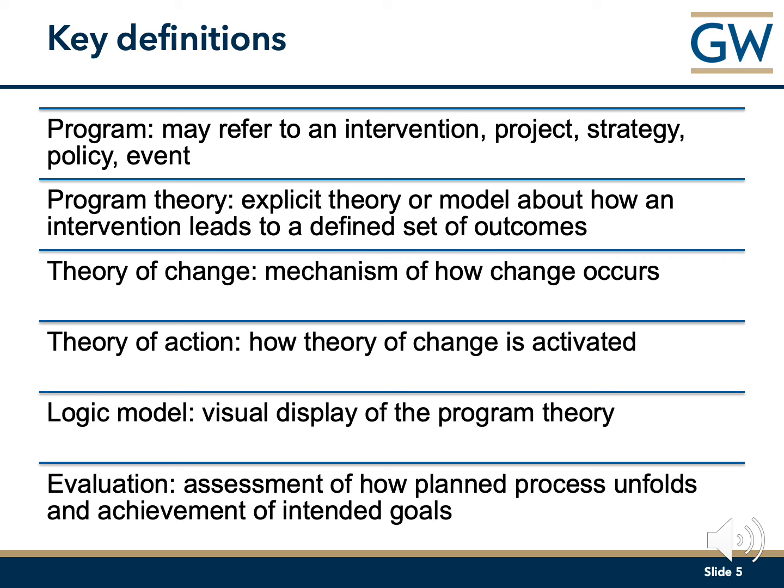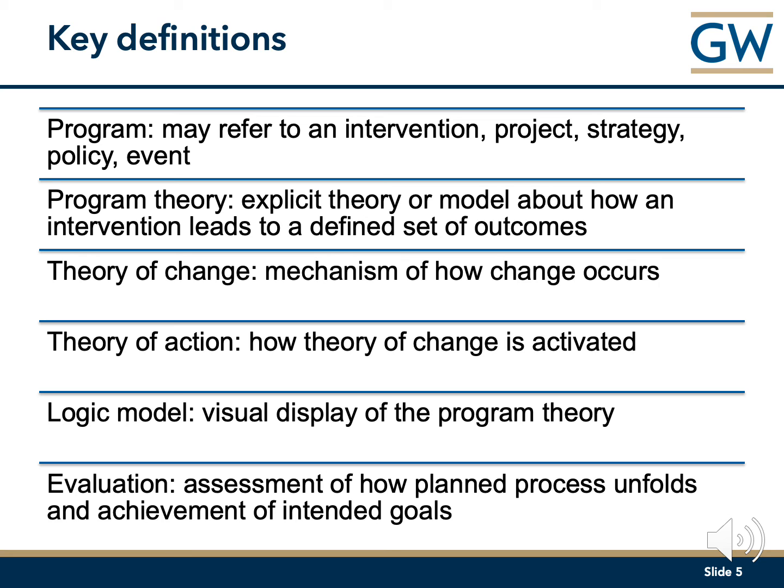Some key definitions from Chapter 2 are listed here. Keep in mind that a program may refer to something that's called a program, or it may refer to an intervention, a project, a strategy, a policy, an event, and other terms even may be used. A program theory is an explicit theory or model about how this program leads to a defined set of outcomes.